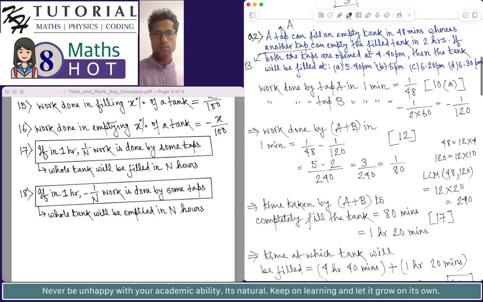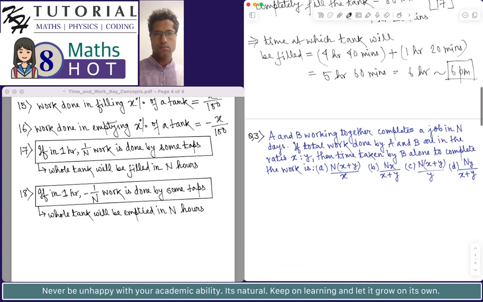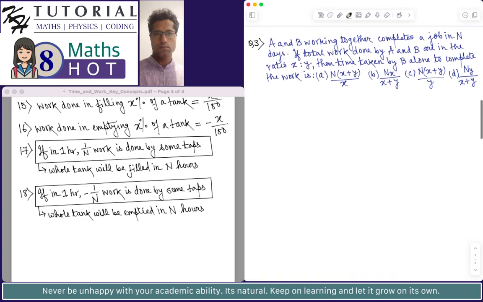Okay, let's solve the next problem. A and B working together complete a job in n days. If the total work done by A and B are in the ratio x is to y. So A and B complete the work in n days, which means once they complete the work, they have worked for n days.